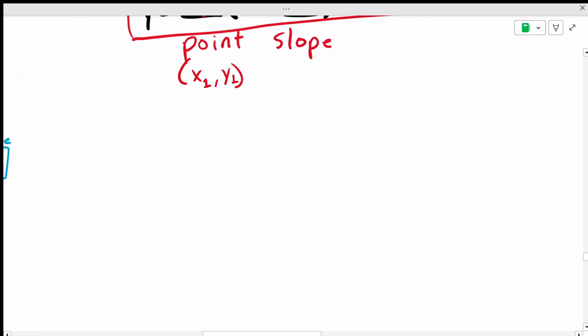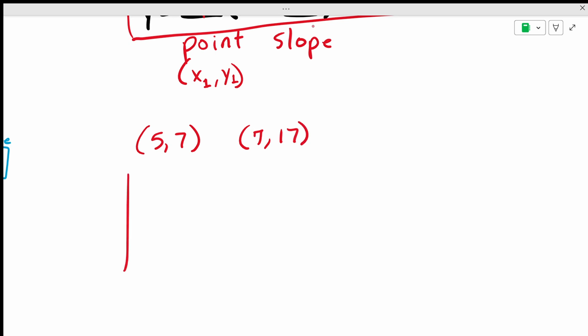And the Delta Math, they show you equations that look more like this. They say, here are 2 points. And they'll say, write an equation. Well, I'm going to make that little table. 5, 7, and 7, 17. There's my x's, there's my y's. And I'm going to find my rate of change, which is, again, slope.